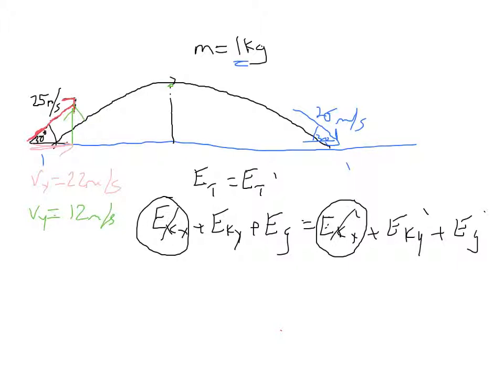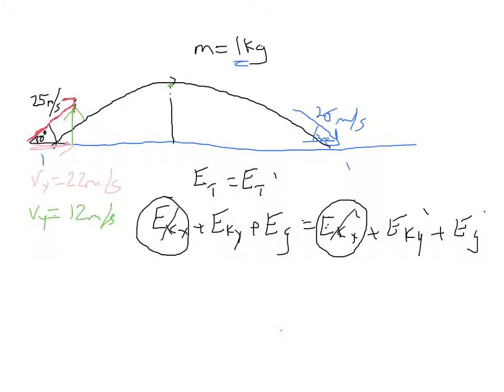Which is nice, because when I solve this type of question using kinematics for maximum height, I always use the y component, because a height is a y component, and so the velocity I would use for that would be the y component. And that's what I'm going to use for my EKY here.